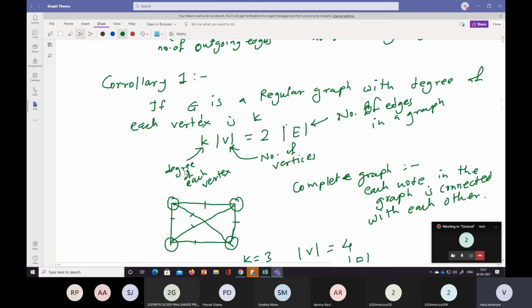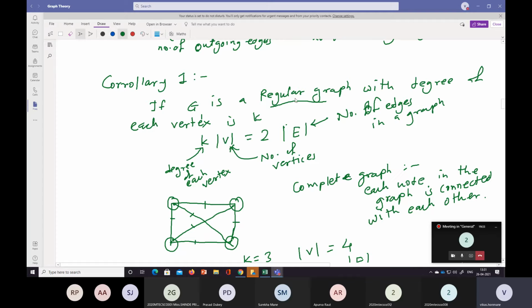Regular graph means the degree of each vertex is the same. Means suppose there are 4 vertices of degree 5, then we can say that graph is a regular graph. Or the degree of each vertex is 3, then we can say that graph is a regular graph.